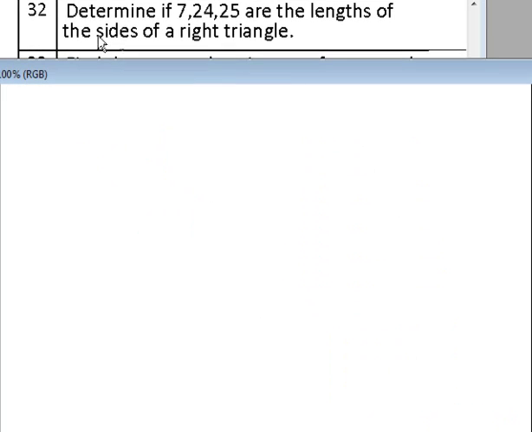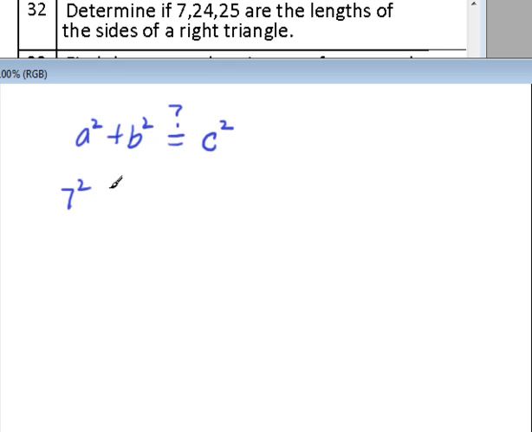In number 32, we want to determine if 7, 24, and 25 are the lengths of the sides of a right triangle. Well, 25 must be the hypotenuse because that's the biggest side. So we're asking, is a squared plus b squared equal to c squared? Is 7 squared plus 24 squared equal to 25 squared?